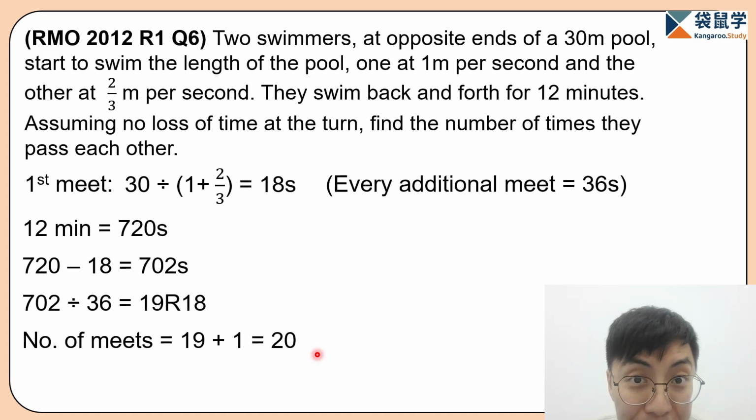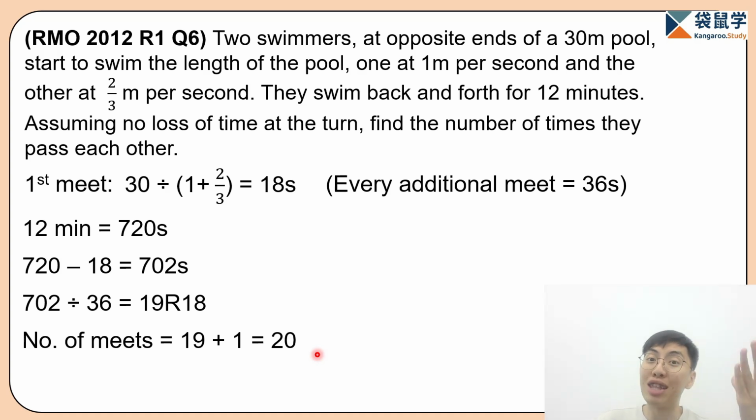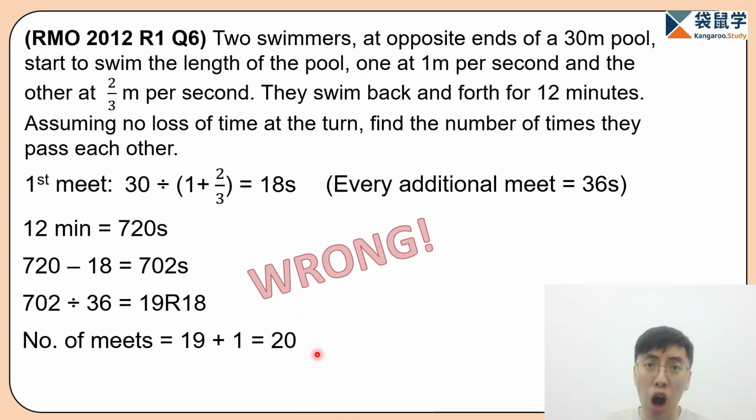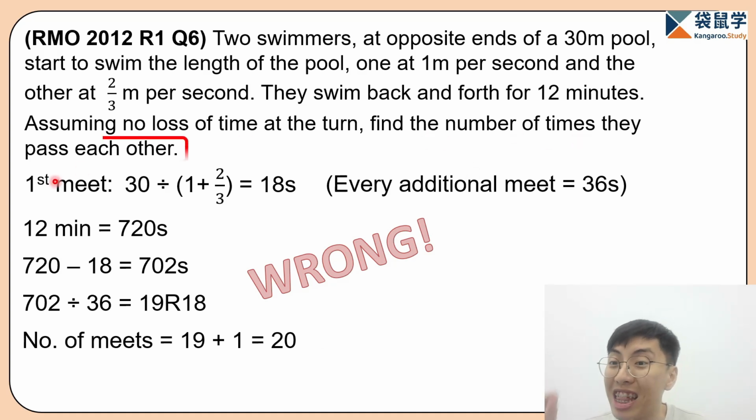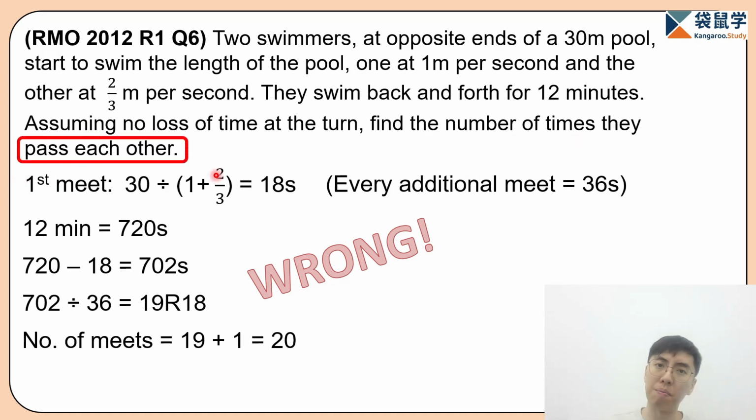Is that right? Well, let me tell all of you, that is technically wrong. Why is this wrong? Well, let's read the question properly. Here it says, find the number of times that they pass each other.